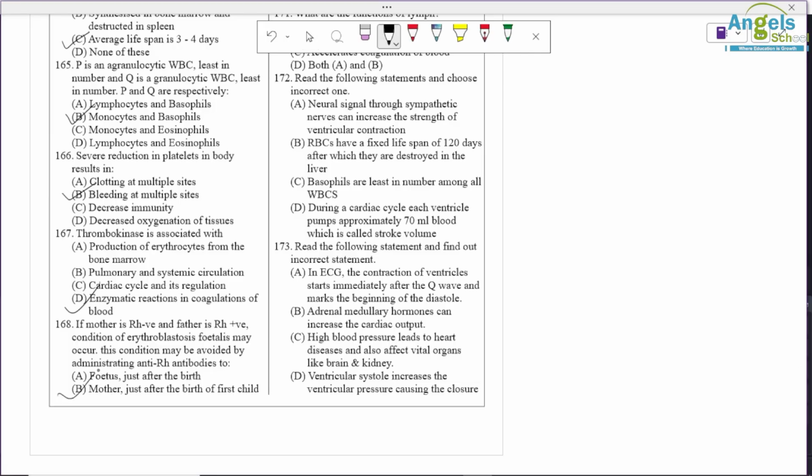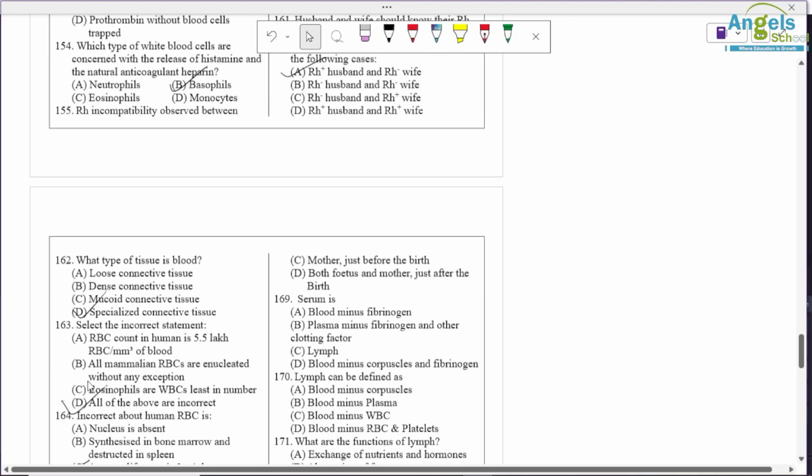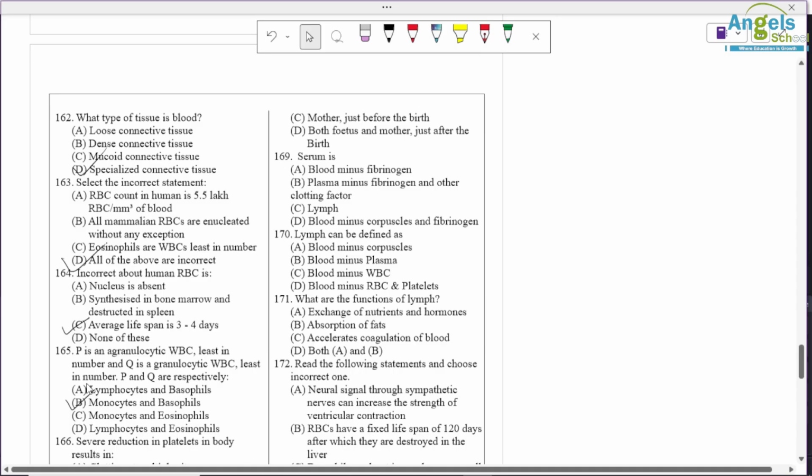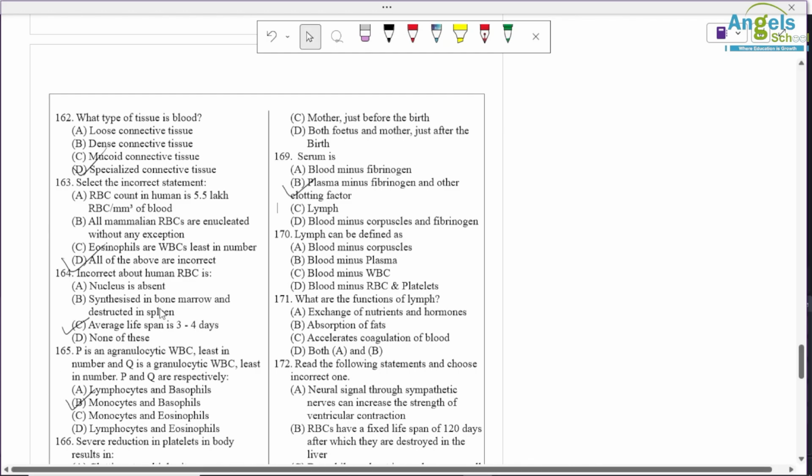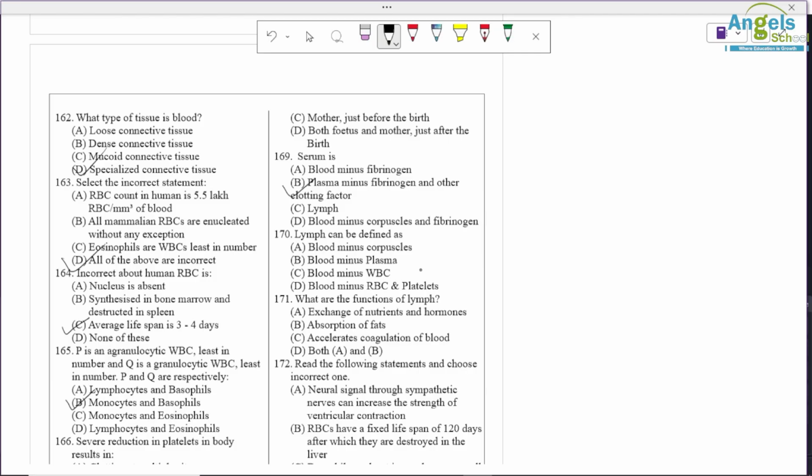Okay, so B option is correct. Now next question 169. Serum is plasma minus fibrinogen and other clotting factors. Lymph can be defined as blood minus RBC and platelets.